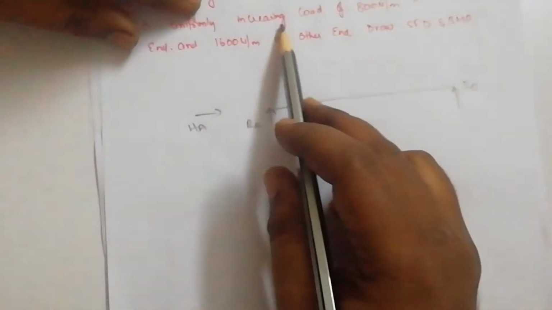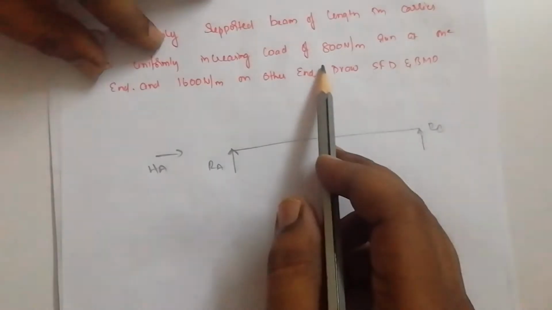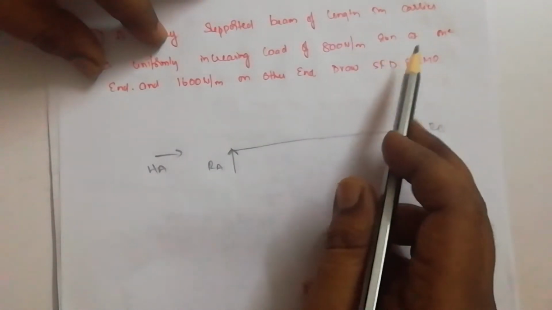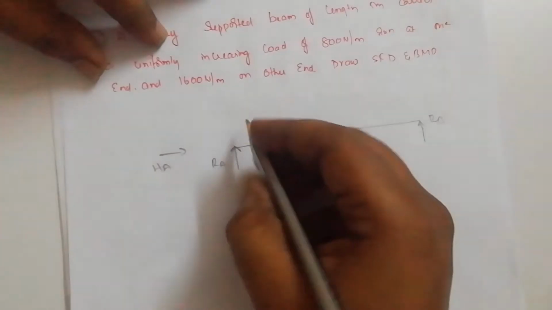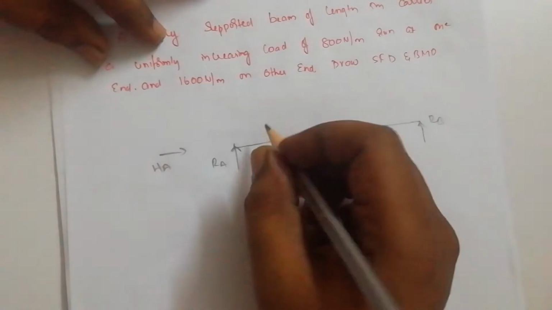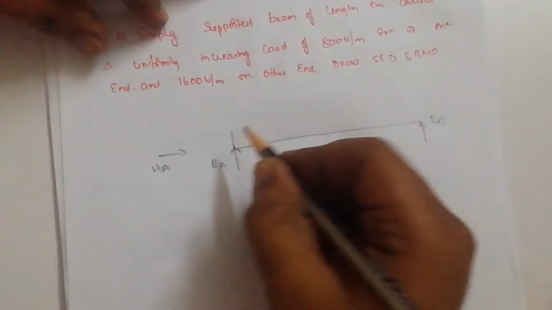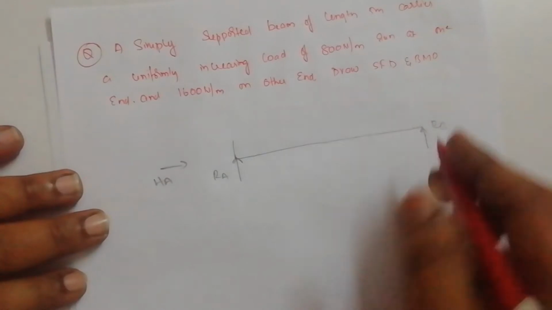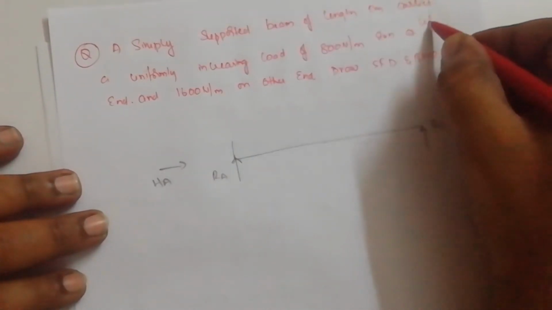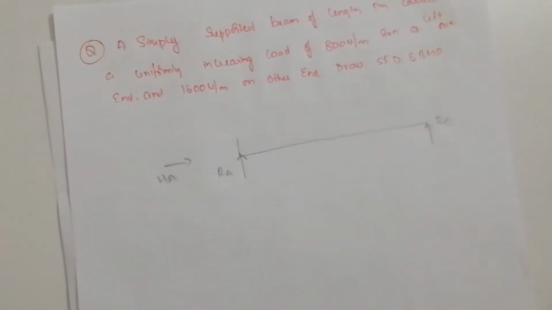Here it says a uniformly increasing load of 800 newton per meter at one end and 1600 at the other end. Actually, it is given 800 at the left end.